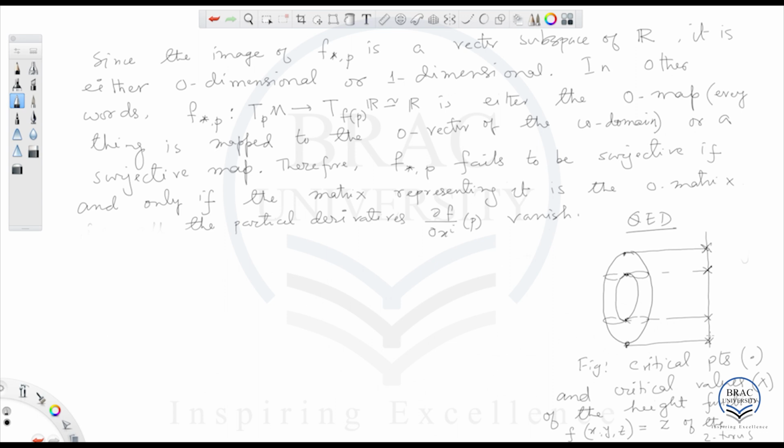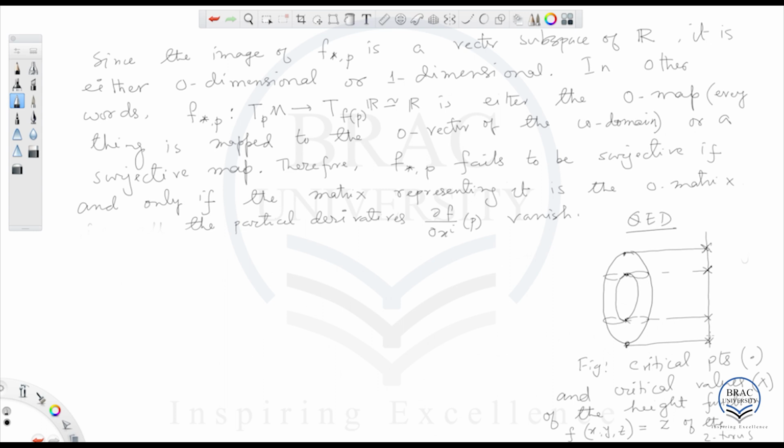In which cases the images are just a zero-dimensional subspace of R, containing one point, the zero vector of the real line.